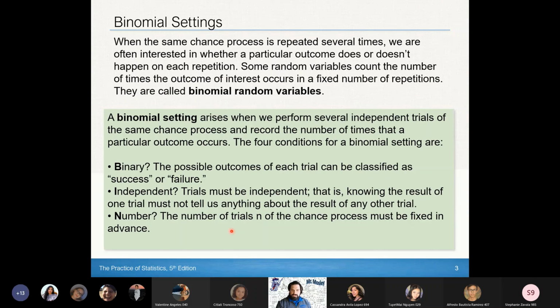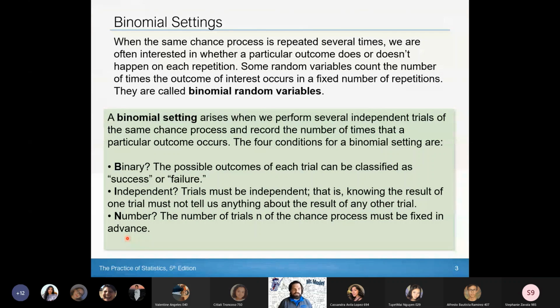Number. The number of trials n in the chance process must be fixed in advance, meaning you have to know how many trials you're going to do before you start. Maybe we're running an experiment, and in this experiment, we're going to have 50 trials of some chance process.